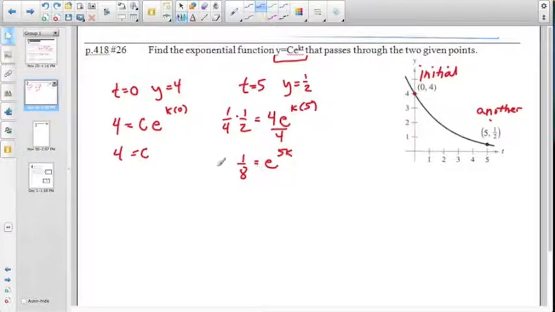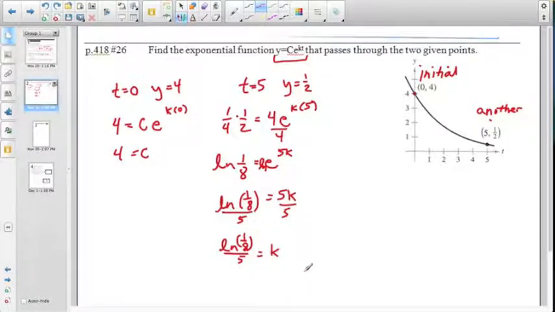And then we can take the natural log of both sides. So we have the natural log of 1/8 equals 5k. And when we divide each side by 5, we get the natural log of 1/8 divided by 5. And that is our decay constant, k.